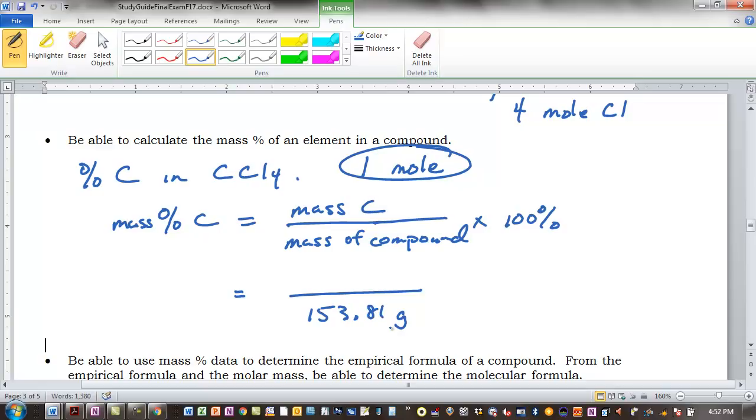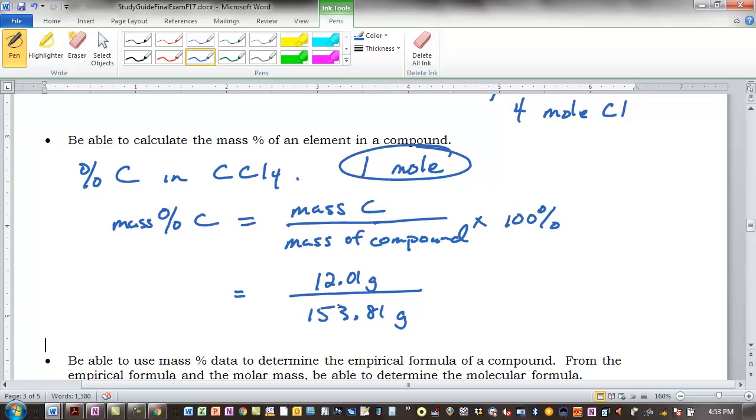So our total mass of that compound is 153.81. In 1 mole of that compound, we have 1 mole of carbon, as we just discussed, subscript of 1. So 1 mole of compound, 1 mole of carbon. So 1 mole of carbon is just 12.01 grams. Again, mass percent, the mass of what you're interested in divided by the total mass.